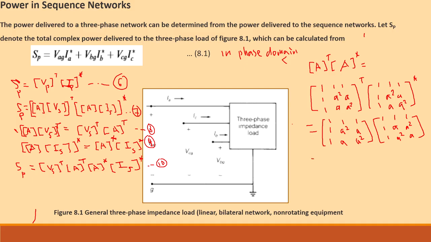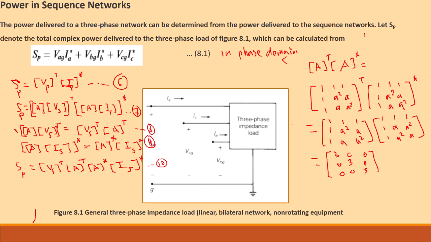Okay, if we multiply these two matrices, we obtain the following matrix, a matrix 3 by 3, 3 rows by 3 columns: 3, 0, 0, 0, 3, 0, 0, 0, 3.